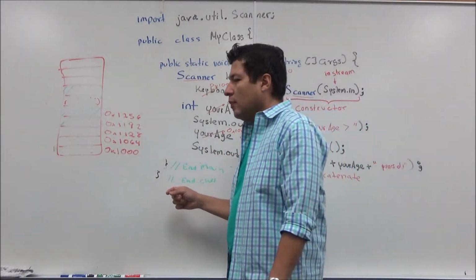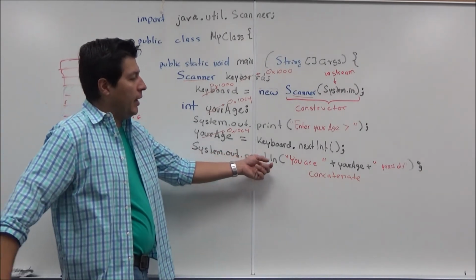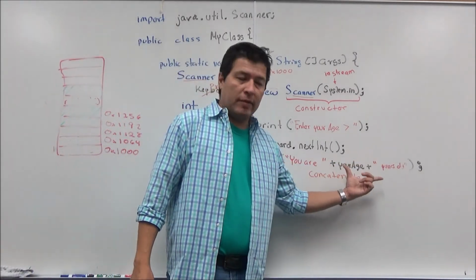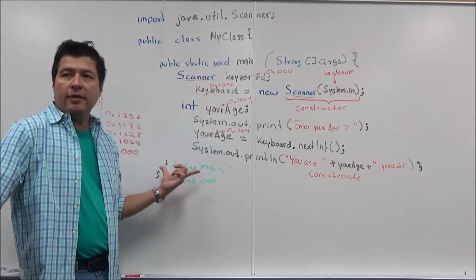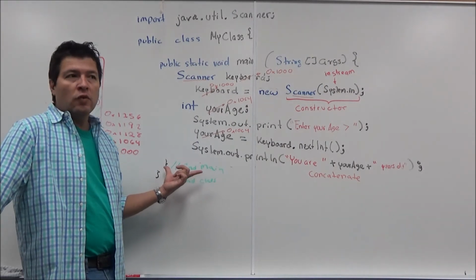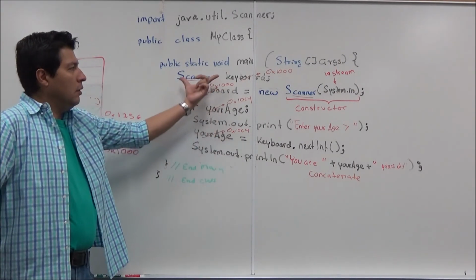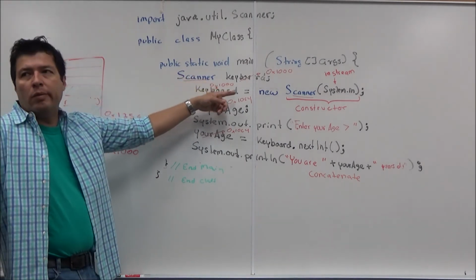So once the system.out print line is executed, the next line is the end, basically, right? It closes. So anything that was here is released back to the operating system. Guess what happens to the keyboard?